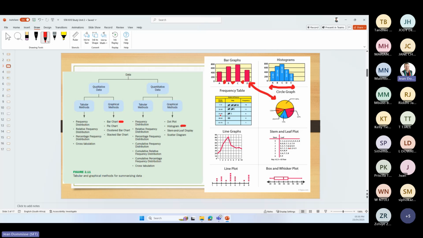Then something interesting about what we have here, and this is a frequency table. So you can have a frequency table or frequency distribution with qualitative data, or you can have it with quantitative data. And I will show you an example of that as well.